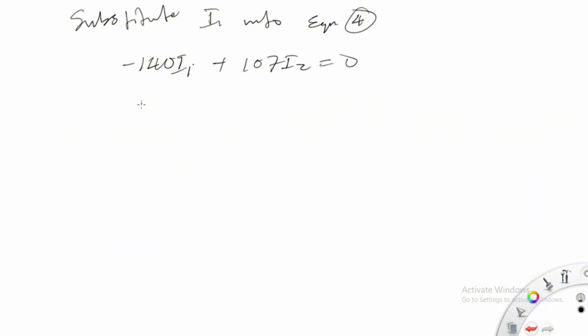So 140 multiplied by 2.51 plus 107I2 is equal to 0.